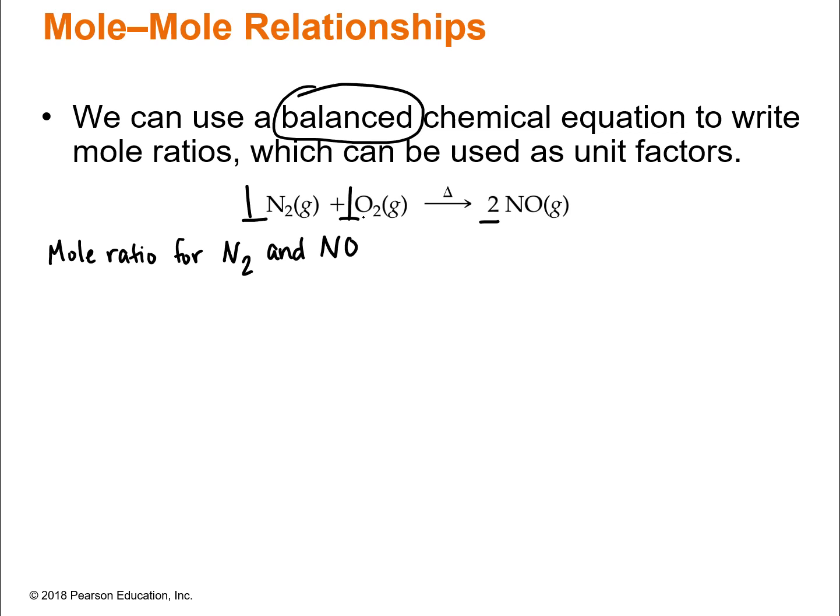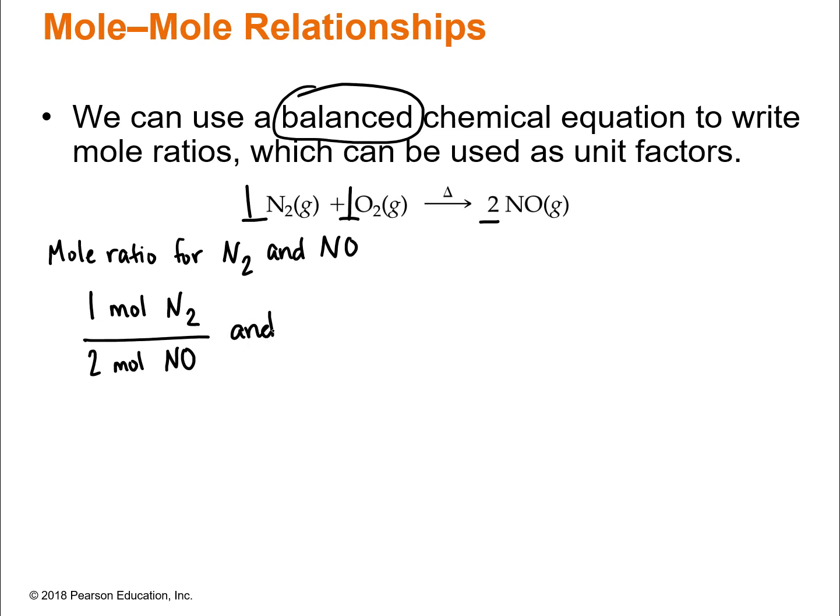I look at the chemical equation. I see 1 mole of nitrogen gas. I see 2 moles of nitrogen monoxide. These are from the chemical equation, and it has to be balanced.